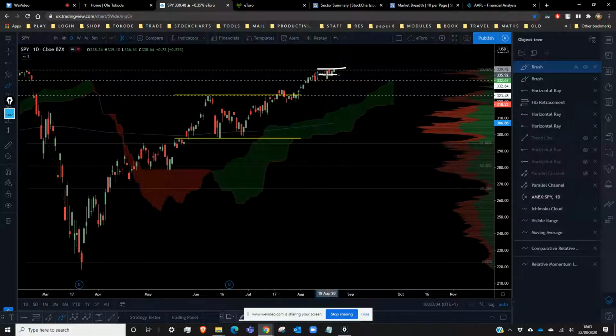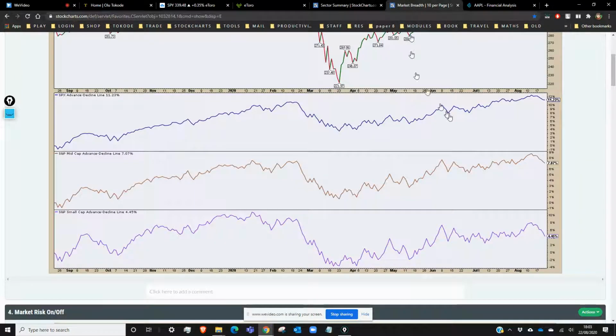That's because of large caps, those large tech, large market cap stocks. When I look at the broader market, when I try to see if the small caps and the mid caps, those other stocks, are actually taking part in the rally, what I see is a big no. This is large caps, very slight pullback.